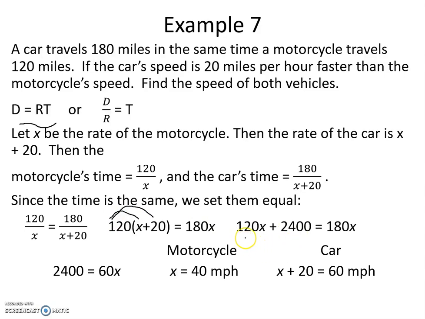Combining like terms, we'll subtract 120x from both sides, and we're left with 2,400 equals 60x. But we don't want 60x, we want x, so we divide both sides by 60, and we find that x equals 40. Since the car was going 20 miles faster than the motorcycle, x plus 20 is 60 miles per hour.